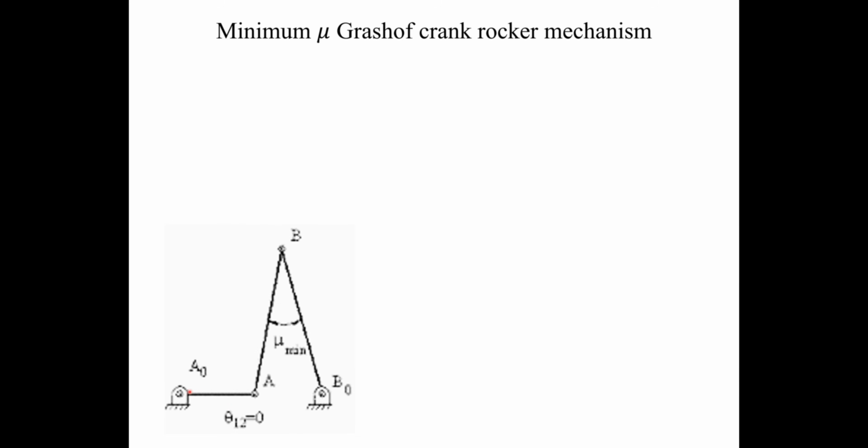One position is where link number 2 is overlapping with the ground link. Another position is when link number 2 is again collinear with link number 4, but this time it is extended. So these are the two positions of the mechanism where we have to find the minimum transmission angle mu.